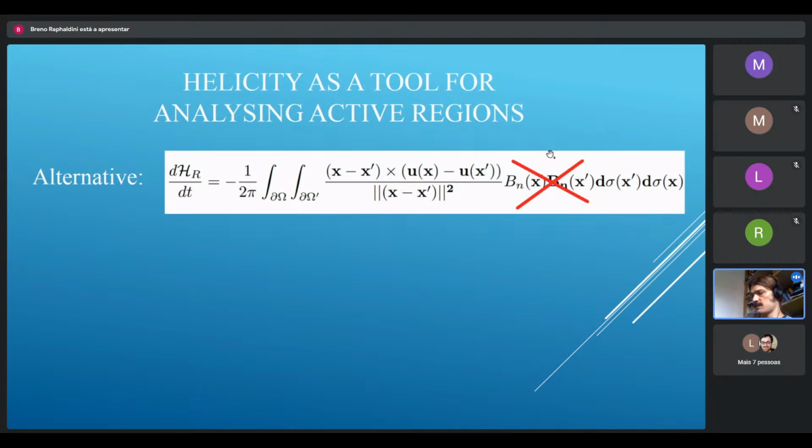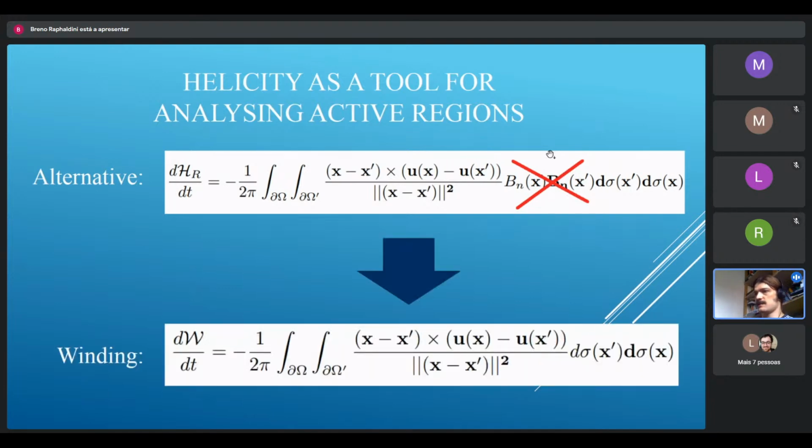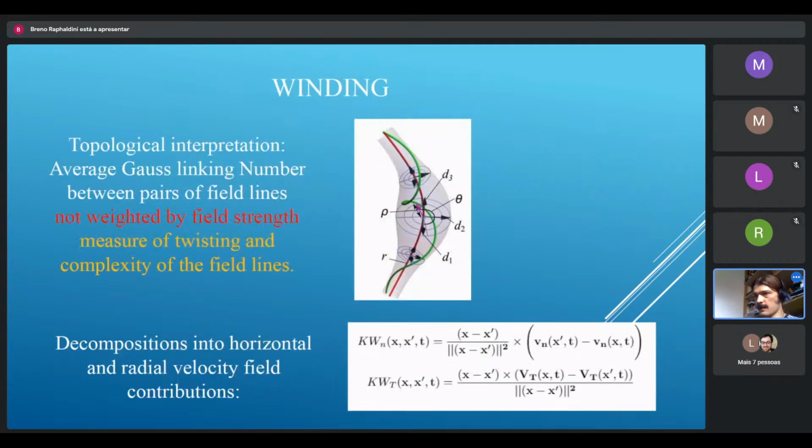And this leads us to the concept of winding, which has a similar topological interpretation compared with the helicity, but is no longer weighted by the magnetic field strength.